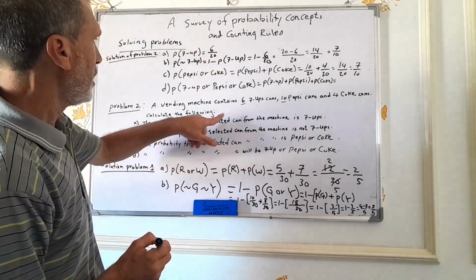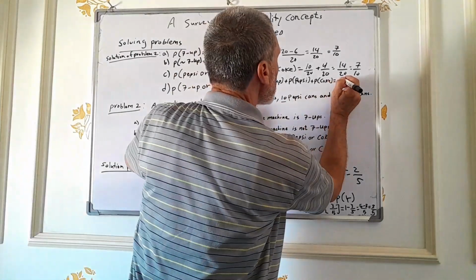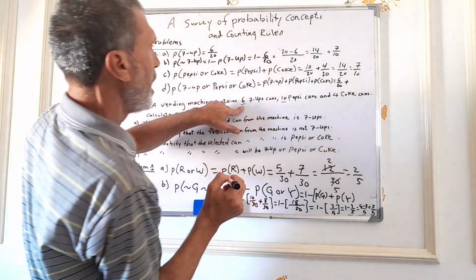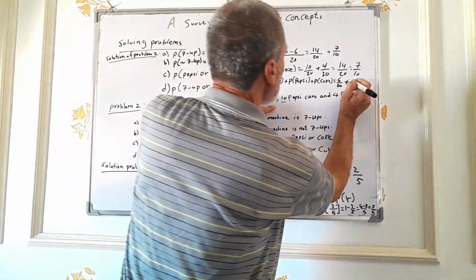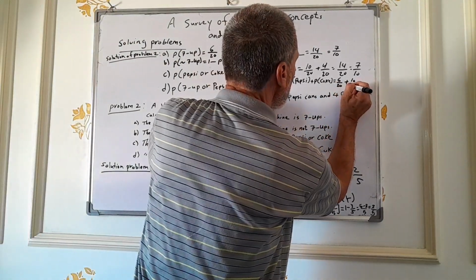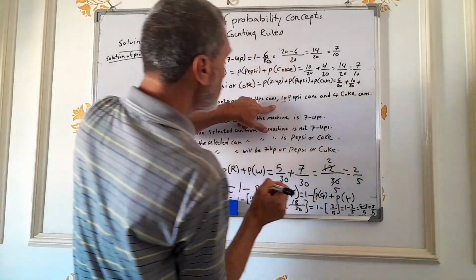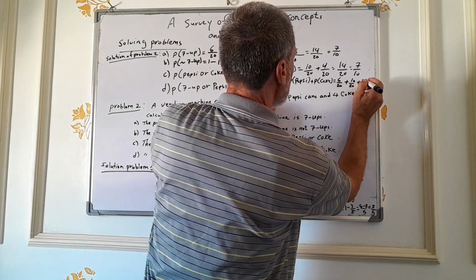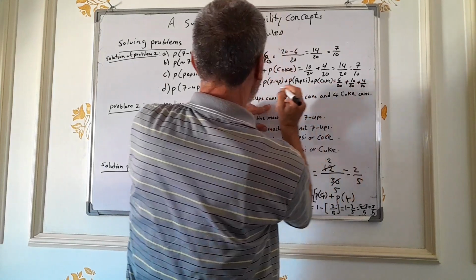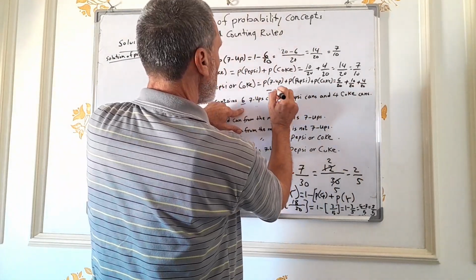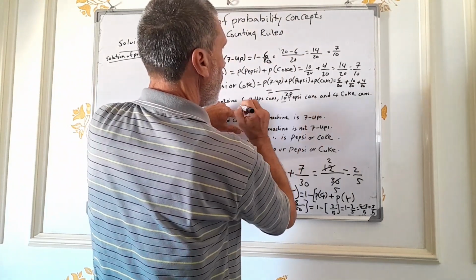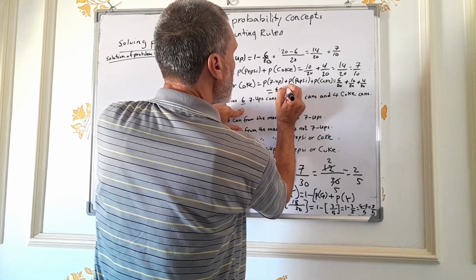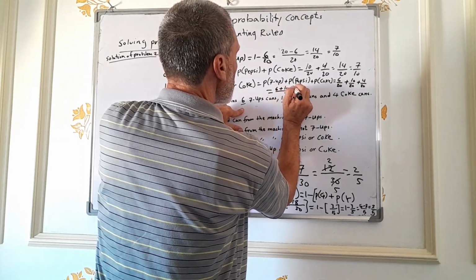We have 7 up, 6 over 20, plus we have 10 Pepsi, 10 over 20, plus we have 4 Coke, 4 over 20. And this will give us 6 plus 10 plus 4 over 20.